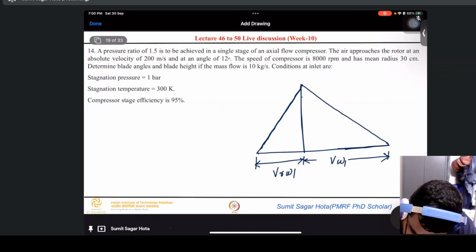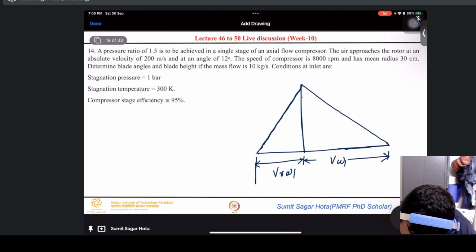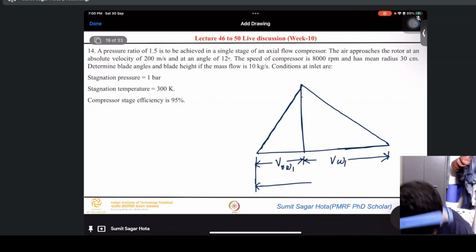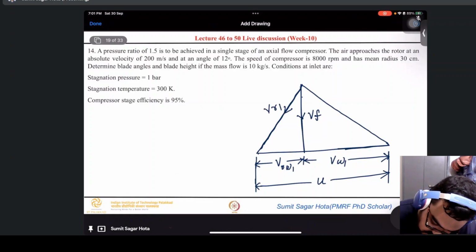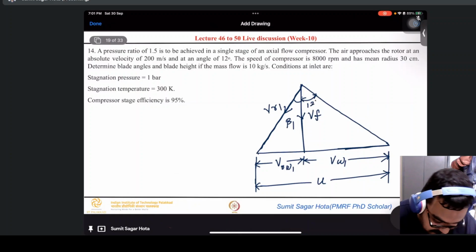Here you have beta 1, 12 degree given, B1 given.